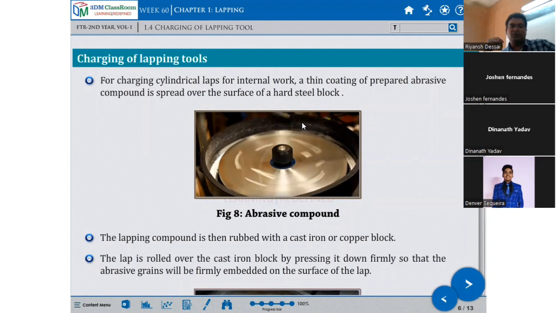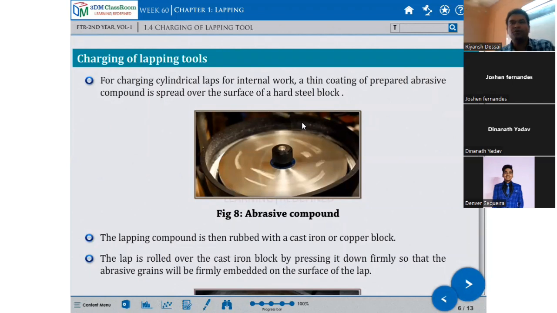Cylindrical laps are long with a circular shape, and you charge them for internal work lapping. A thin coating of prepared abrasive compound is spread over the surface of the hard steel block.